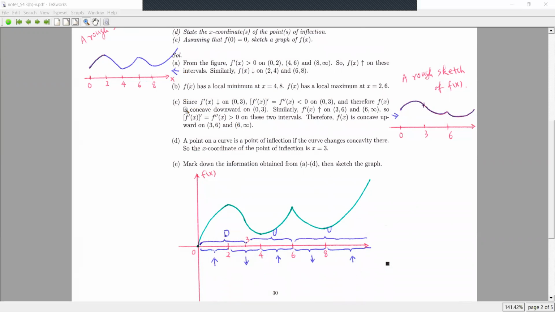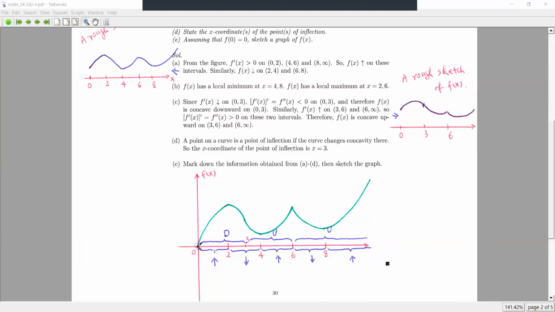From part C, function f is concave down on the interval 0 to 3. So for 0 to 3, I mark down concave down. And similarly, mark down all other information. Now I'm ready to sketch the graph.